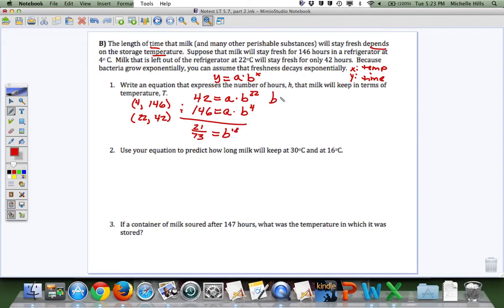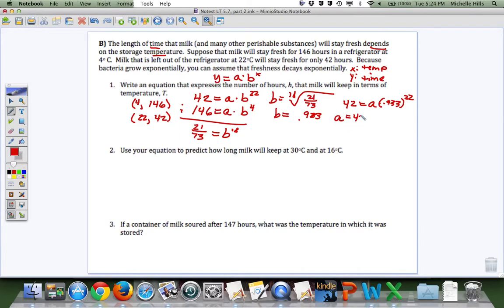So to find b, I'm going to have to take the 18th root of 21 over 73, and the 18th root of 21 over 73 to 3 decimal places is 0.933. Now I'm going to take the easiest point, which is probably the second one: y equals a times b to the x power. Again, I'm not going to round any more than I have to here.